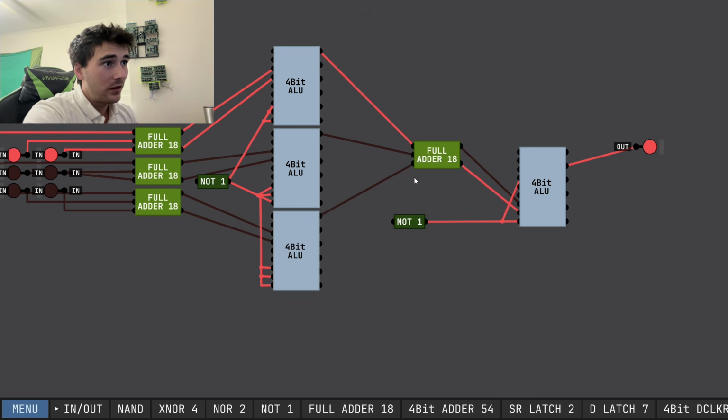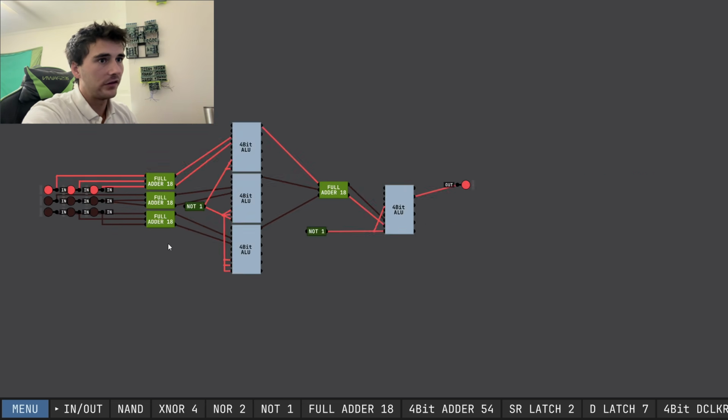And if the output of this adder is 1, then we send the final output as high. And the way we know if the output of this adder is 1 is we just subtract it from 1. So 1 minus 1 is 0. And this output lets us know if it's 0. Okay, so hopefully that made sense.